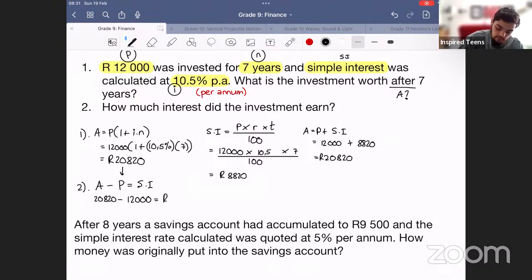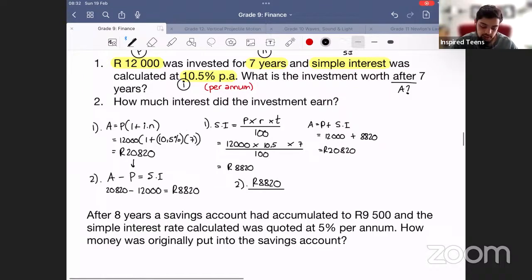And this is equal to 8,820. However, in the case of this question, because we already calculated it, we can just give the answer 8,820. Okay. We're just utilizing both methods.